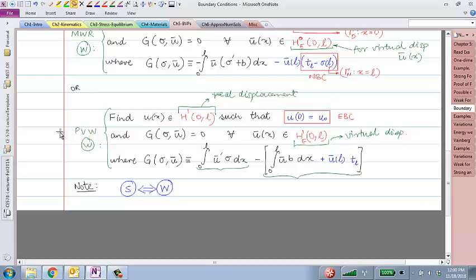Okay, and I pointed out last time the fact that PVW form of the weak form allows functions that have kinks in them. This is the functional form that finite element methods use. So the solution that you get from finite element methods has kinks in their displacement, which means that the strain will jump from one element to the next, even if your problem is perfectly smooth.